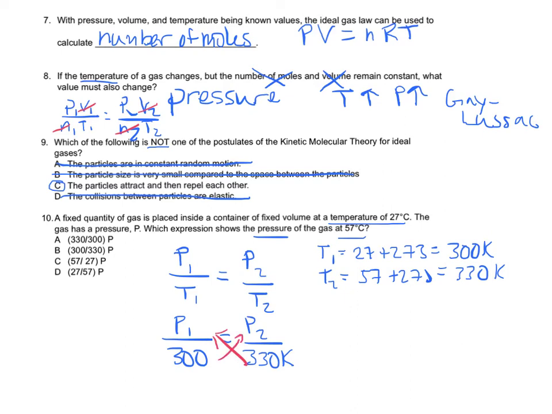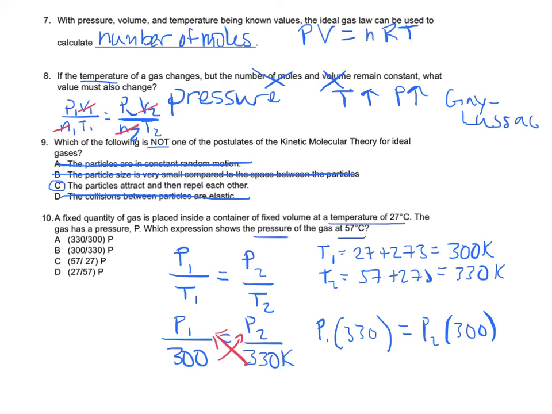That means that our initial pressure is multiplied by 330 Kelvin, and our final pressure is multiplied by 300 Kelvin.